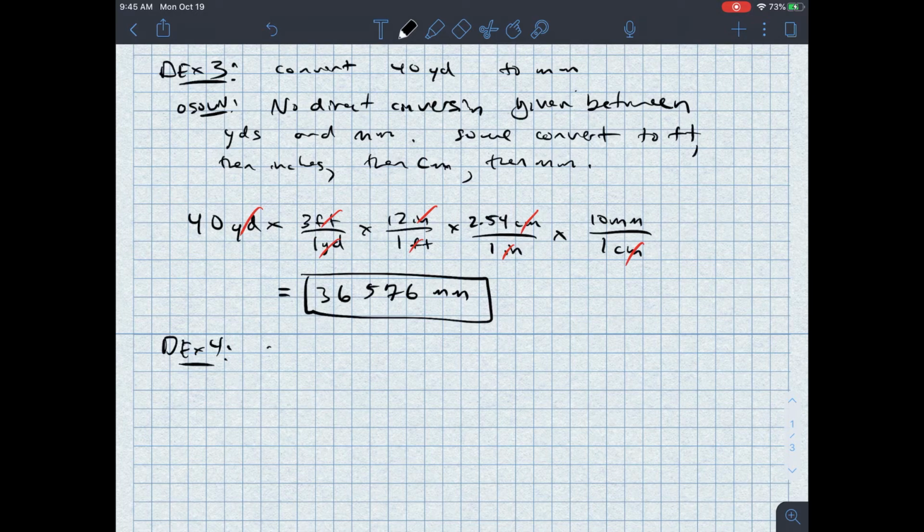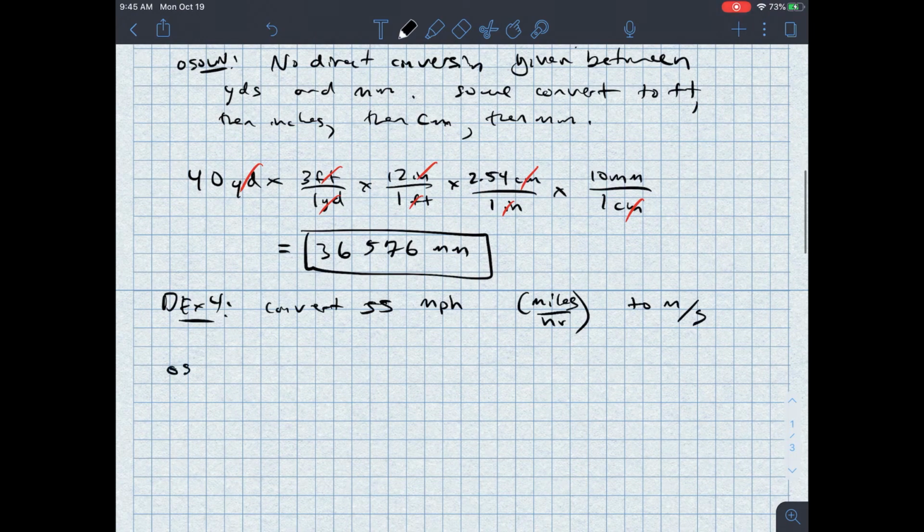Example number 4. Let's convert 55 miles per hour to meters per second. So let's start with what I have, 55 miles per hour.